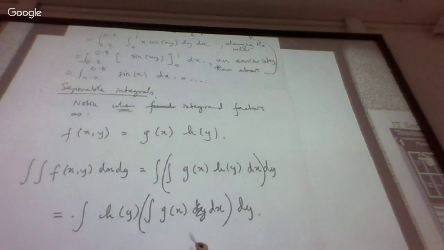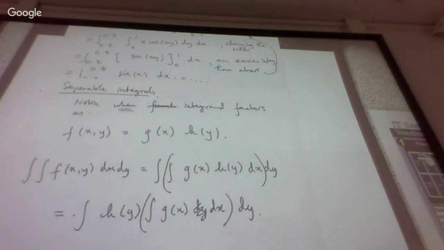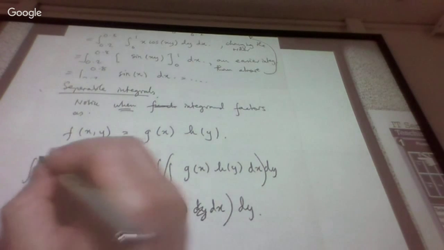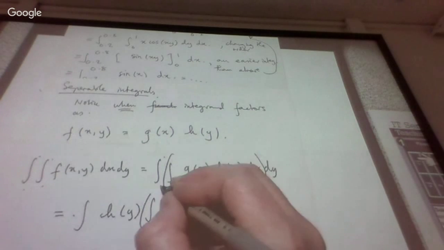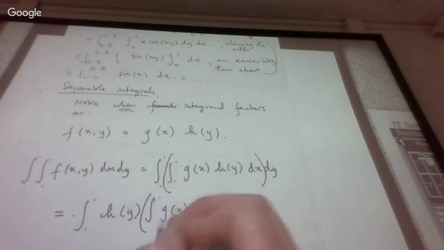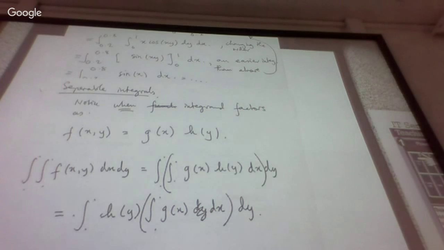But now the inner integral is just an integral of a function of one variable with respect to that variable, the integral of g of x with respect to x. So in particular, if we have limits, this will just be a number. But even if we don't have limits, this integral here is independent of y, because it doesn't mention y.